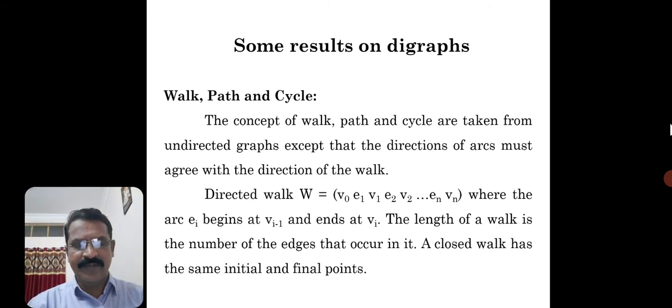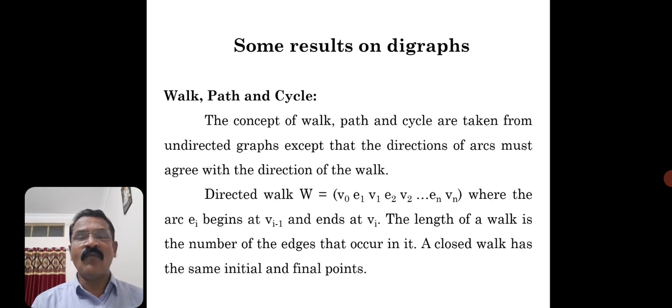So if I say W is a walk, then it will be V0, E1, V1, E2, V2 and so on, En, Vn, where the arc Ei begins at Vi minus 1 and ends at Vi.